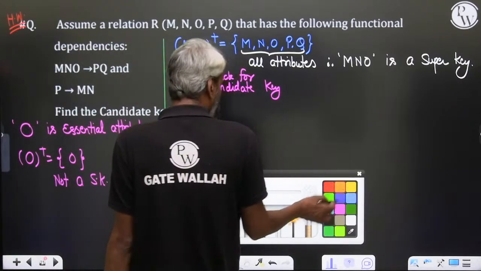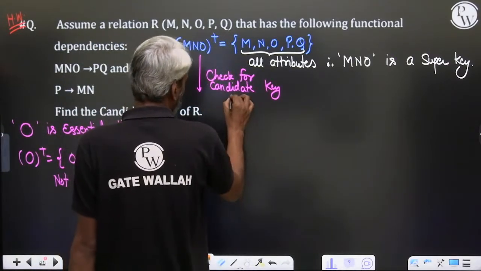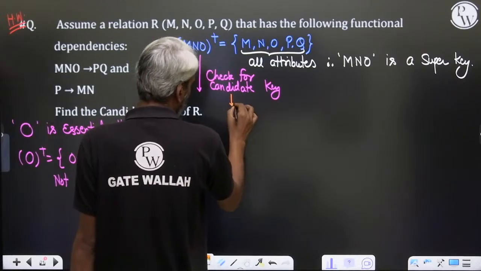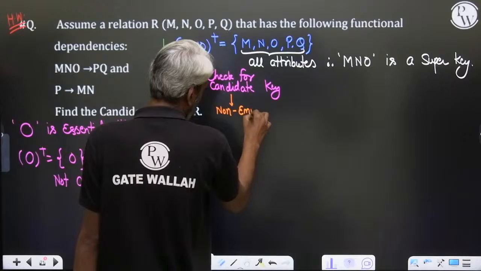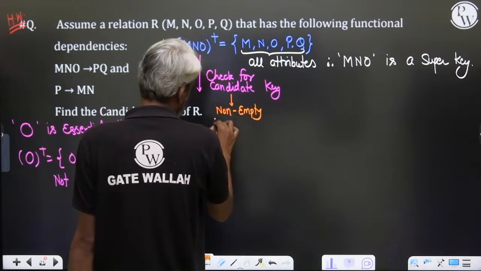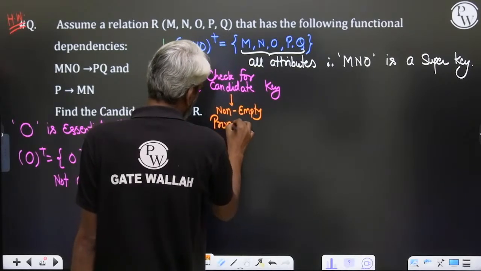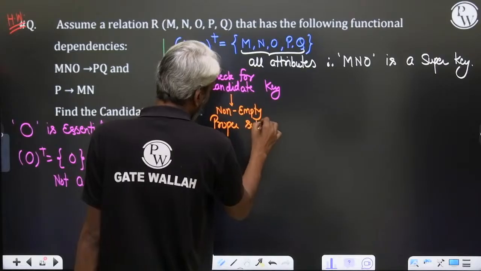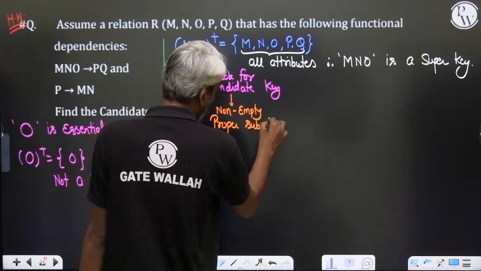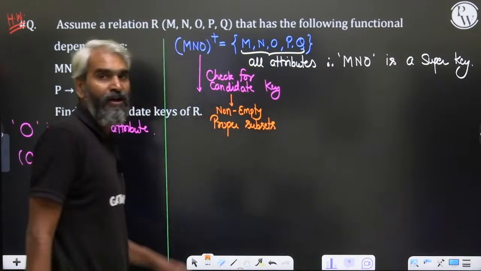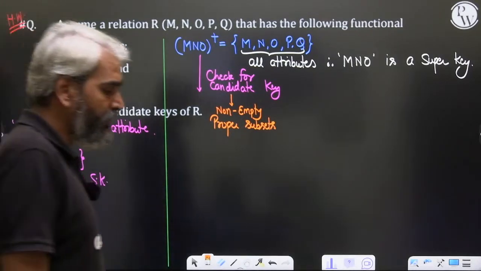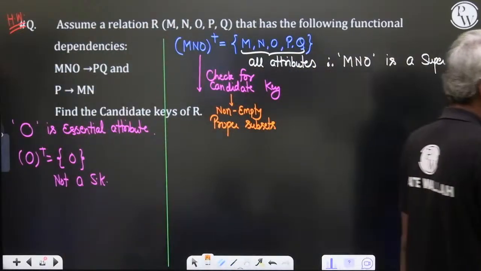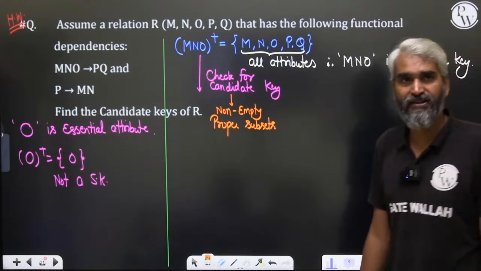Now the idea is, do we need to find the closure of all those 6 non-empty proper subsets? Please tell me.